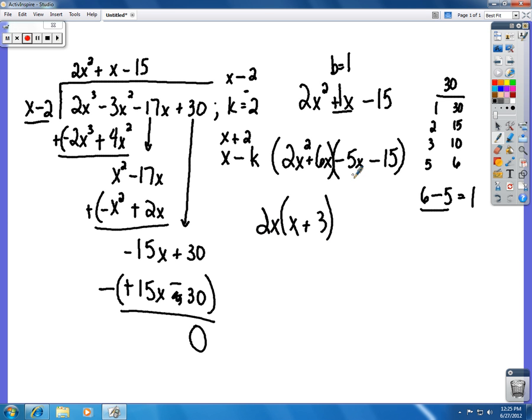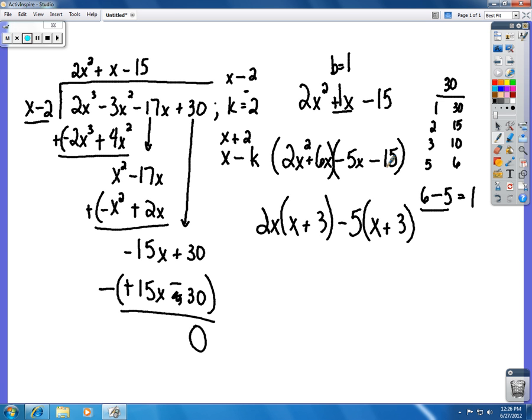Then I do the same thing over here. I can pull out a negative 5, and what I'd be left behind with is x plus 3, because negative 5 times x is negative 5x, and negative 5 times positive 3 gives me negative 15.